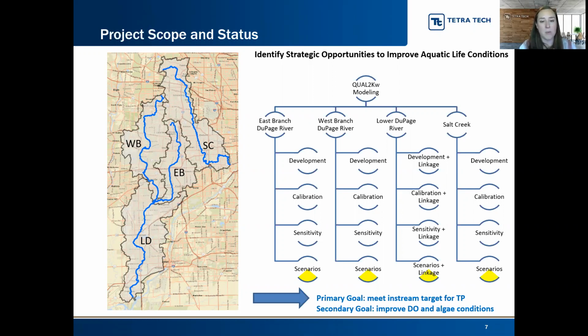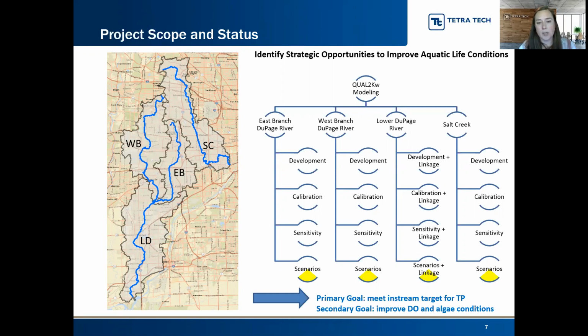Qual2K modeling, we have 4 separate models for each of the main stems, as I mentioned. There were steps that needed to be completed basically in order: developing the model, calibrating, performing some sensitivity analyses, and I'll go into what we did and why, and then developing scenarios.